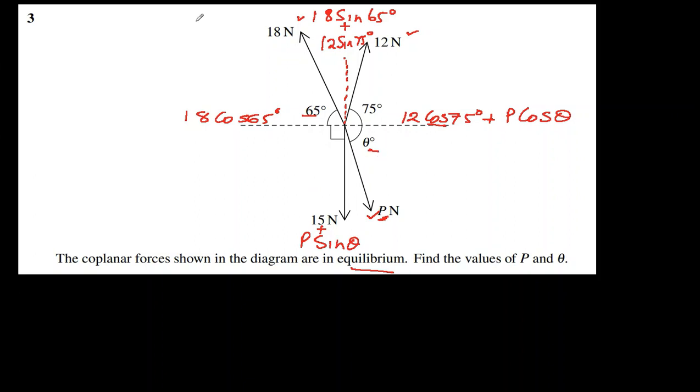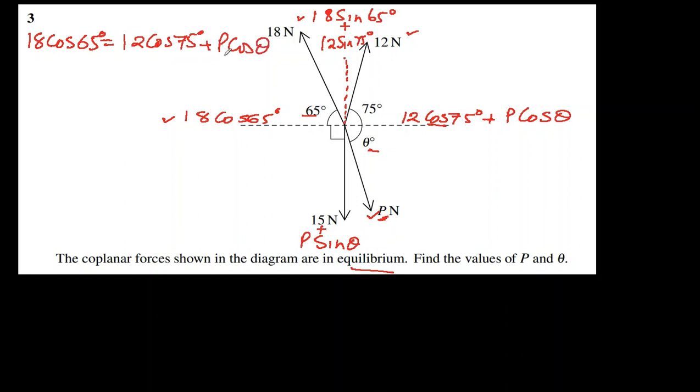Let me write them in equilibrium form, because horizontal forces and vertical forces in opposite directions will be equal. Let's start with the horizontal ones. So 18 cos 65 will be equal to 12 cos 75 on the other side plus P cos theta.